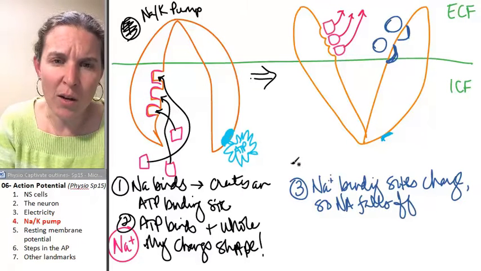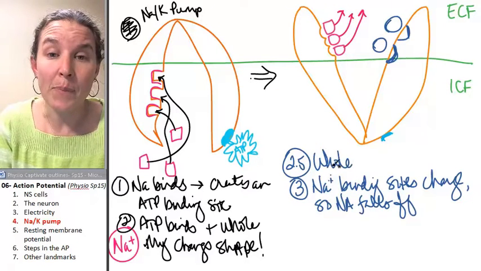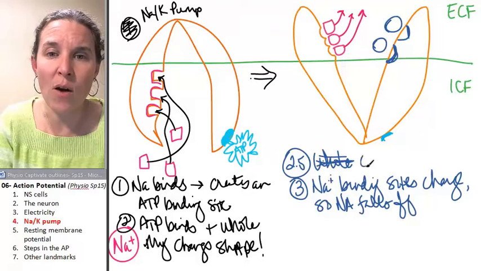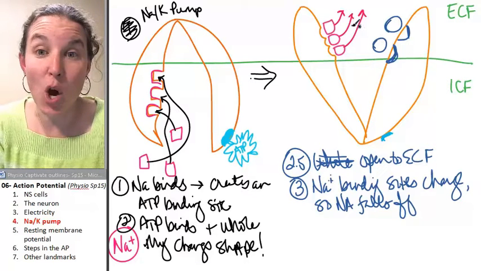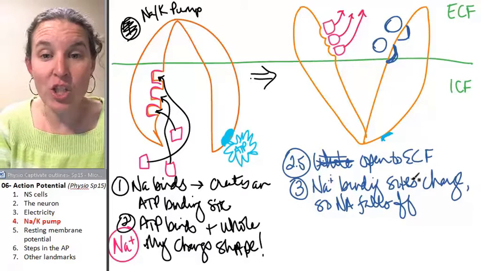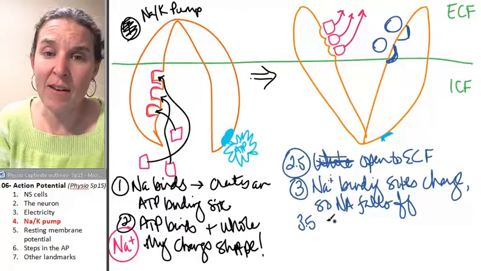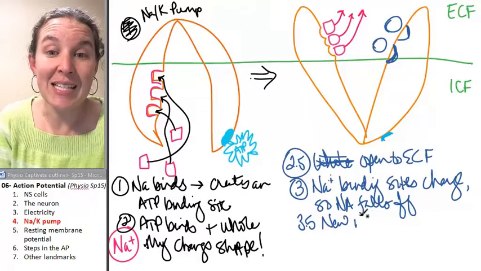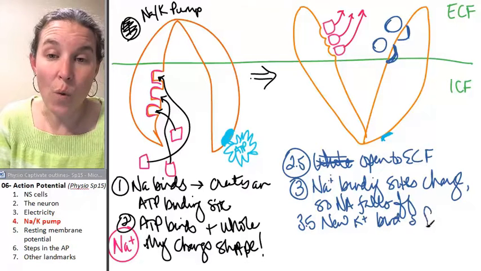I want to make sure you know that the whole thing changed shape and it's now open to the extracellular fluid. So now my sodium-potassium pump is open to the extracellular fluid. The sodium binding sites change, so sodium falls off, and then new potassium binding sites form.